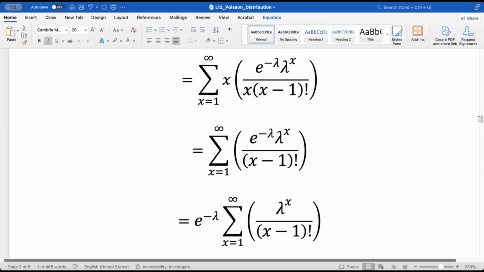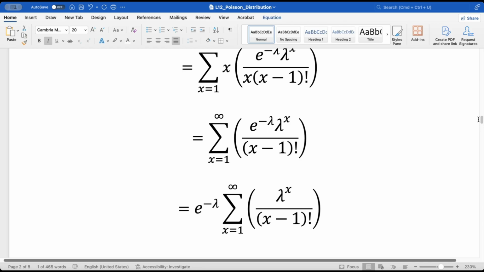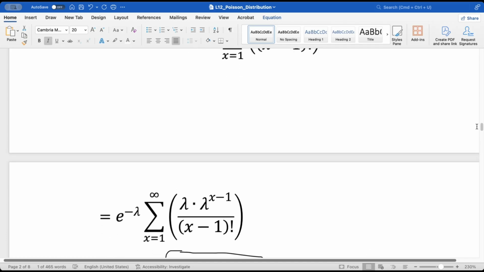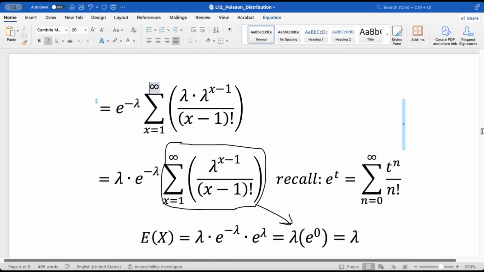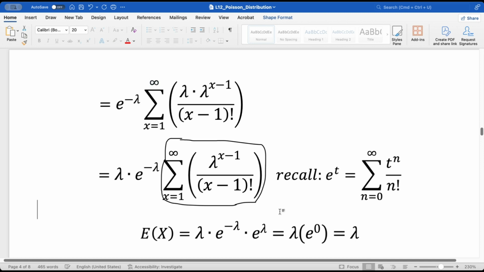So we're going to line that up by breaking down lambda to the x into lambda to the first and lambda to the x minus 1. So that will total back to lambda to the x. The lambda in front we can factor out. That's a fixed constant in this sum. And then the remaining part is the e series, and that is e to the lambda.